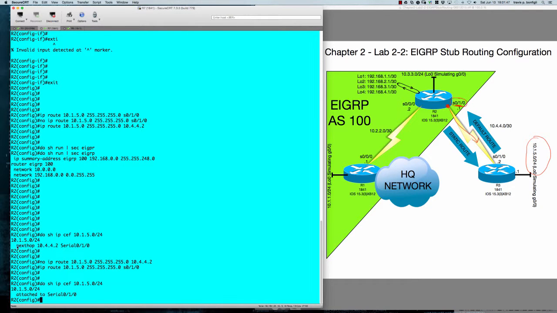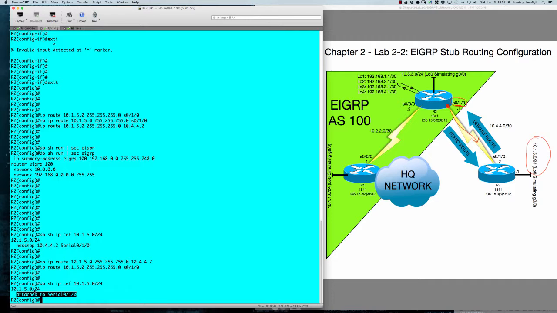Where we use the IP, it says next hop IP, and it gives us that layer 2 to layer 3 resolution, right? However, when we reference the outbound interface, it says attached. So it sees that network, the 10.1.5.0, as being directly connected or attached to Serial 0/1/0.